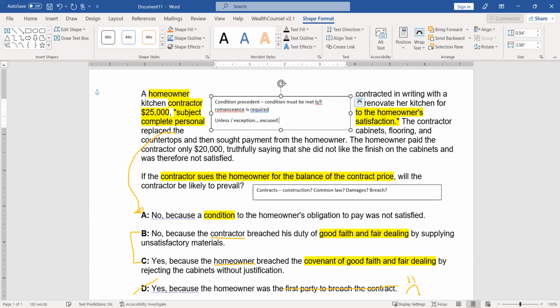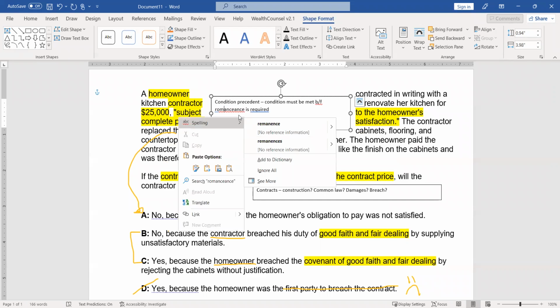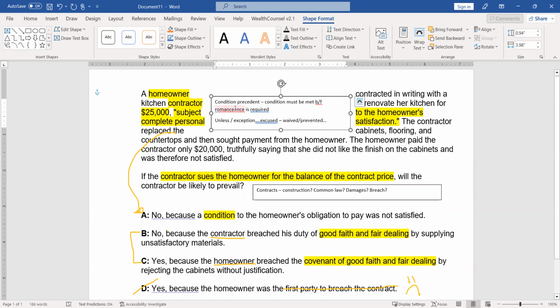And that's if it's waived or if it has been prevented from occurring. So that excuses performance.